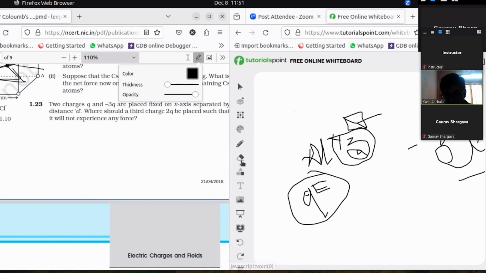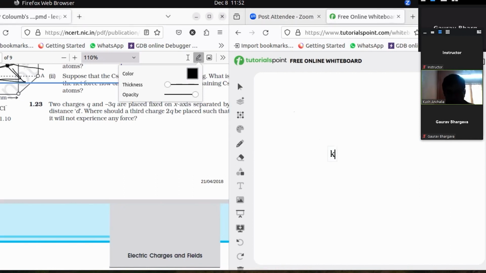Let me clear up all those things. kq divided by r1 square must be equal to k 3q divided by d minus r1 square.